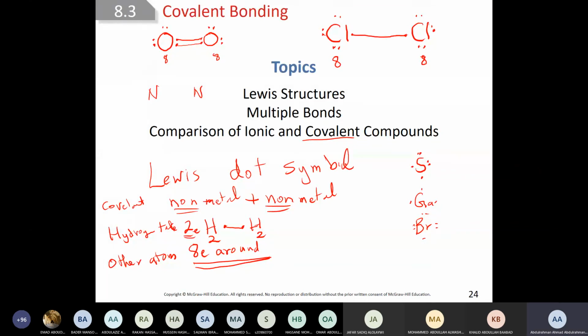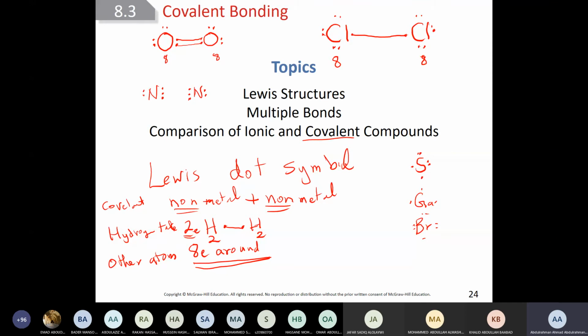Can you do it for nitrogen and nitrogen quickly? What's the Lewis dot symbol for nitrogen? 5. Not 4. 5. Listen here. 1, 2, 3, 4, 5. How about this nitrogen? Same thing. 1, 2, 3, 4, 5. You will say, why did you draw it this way?